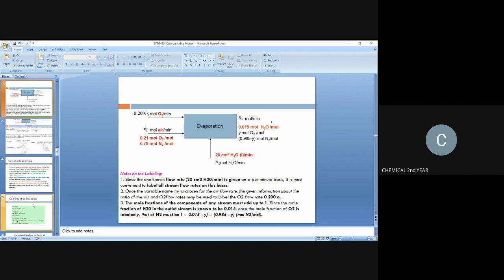The stream that is entering is 20 centimeters cubed of liquid water per minute, which is represented as N2 mole water per minute.